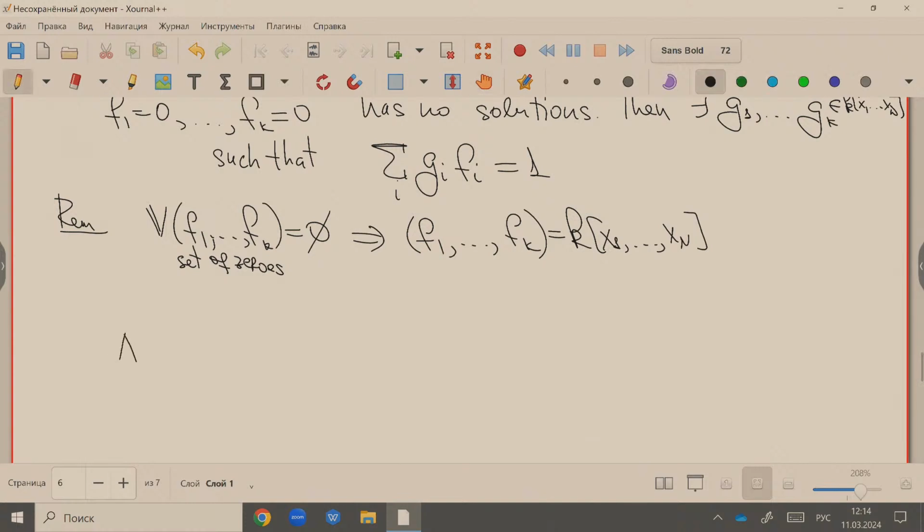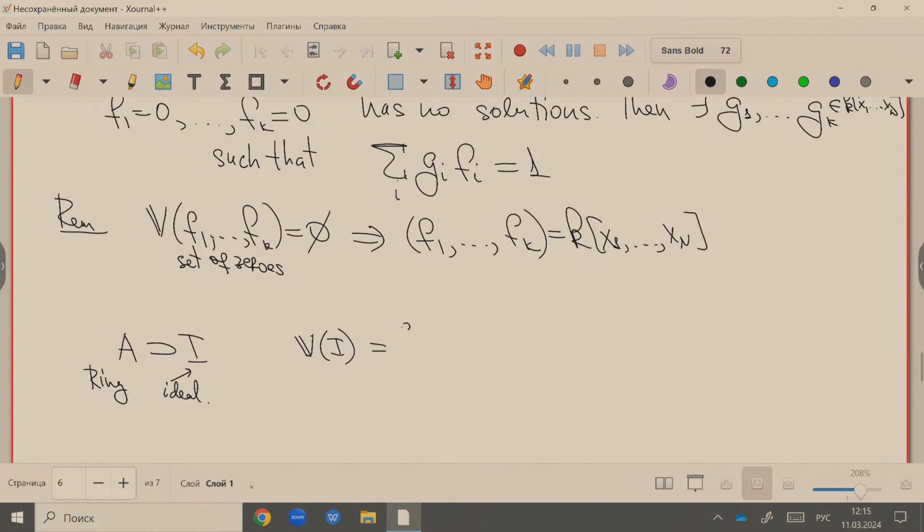So if you want to speak about arbitrary rings and an ideal I, we are speaking about the set of points defined by this ideal.